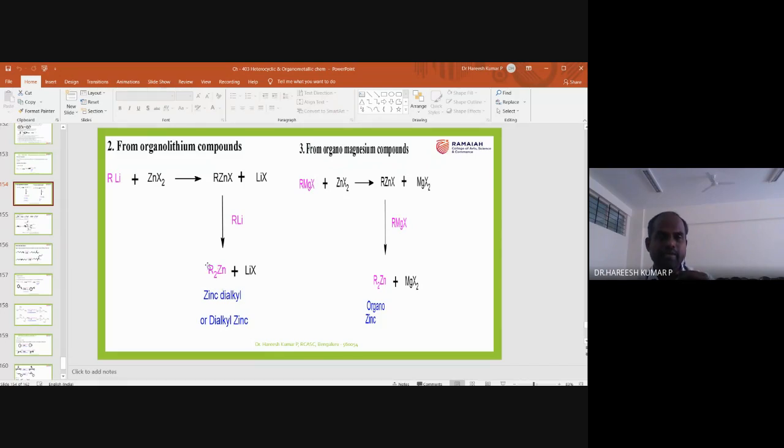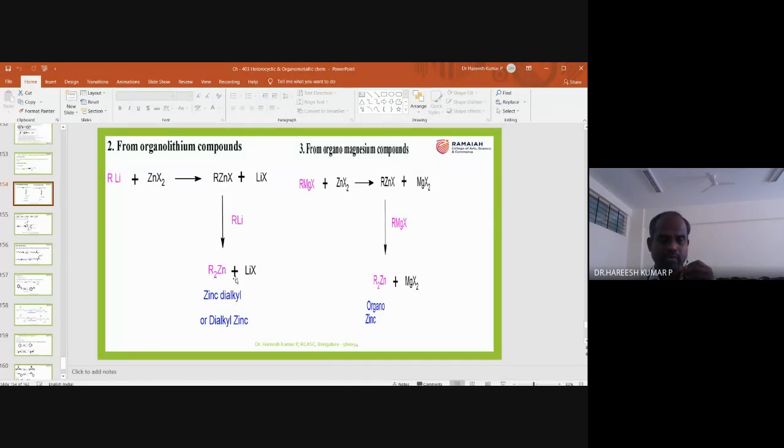So an organometallic compound such as organolithium reacts with zinc halides, giving a dialkyl zinc or zinc dialkyl.